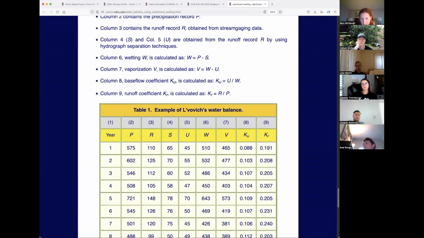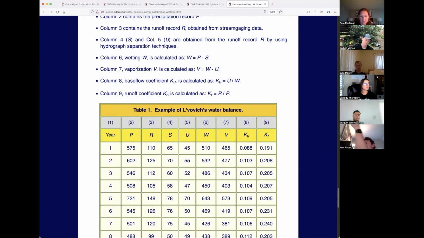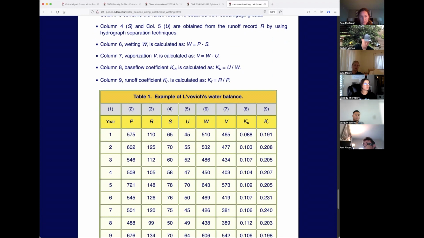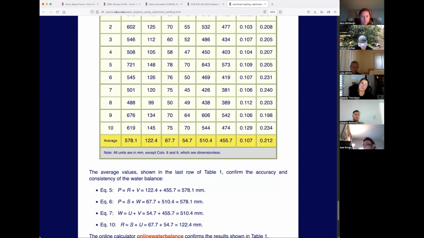Columns 4 and 5 are obtained from the runoff record by using hydrograph separation techniques. If you don't know about hydrograph separation techniques, that's in chapter 2 of my book, clearly stated. Then column 6 is wetting, as defined here. W is P minus S. V is W minus U. Kappa U is U over W. Kappa R is R over P. And that's the end.